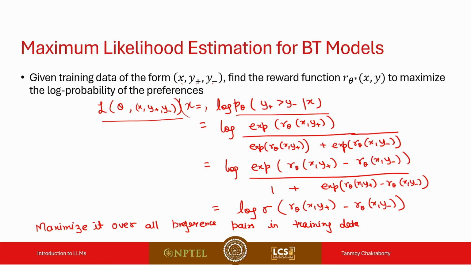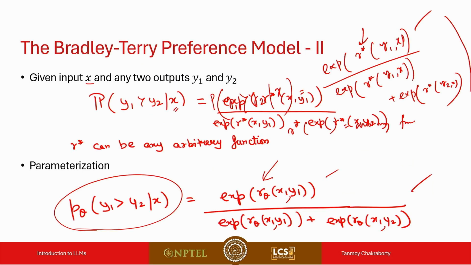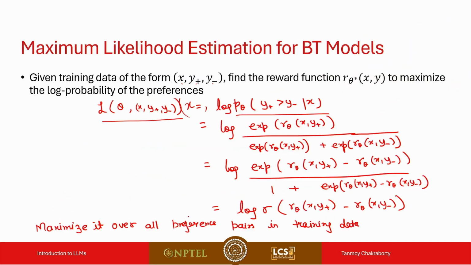P theta is essentially exponential of this. So log of exponential of this by exponential of this plus this. We can further simplify this by dividing numerator and denominator by this.